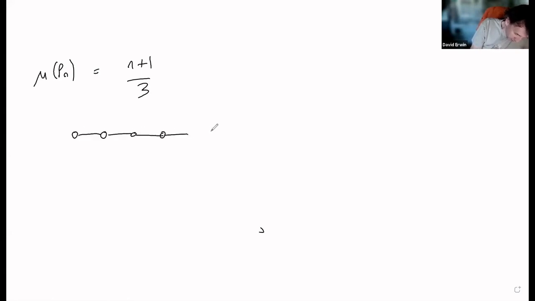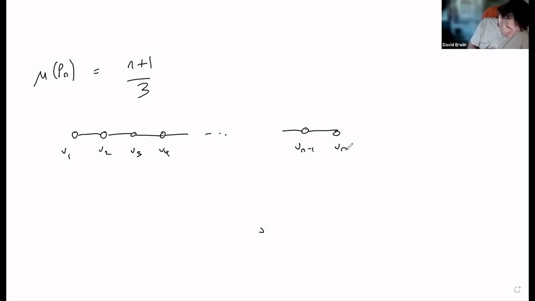So let's start off with the right hand side over there. If one wants to show that the average distance of Pn is (n+1)/3, then here's my path, v1, v2, v3, v4, ... v(n-1), vn.